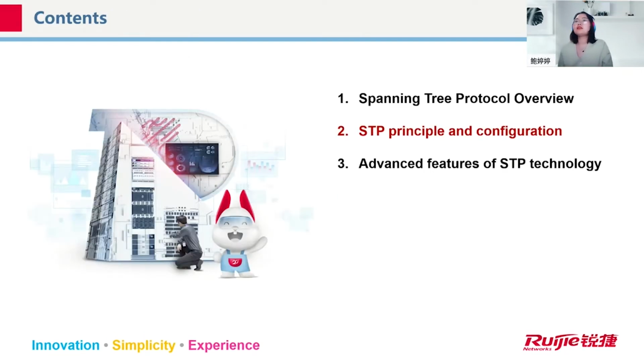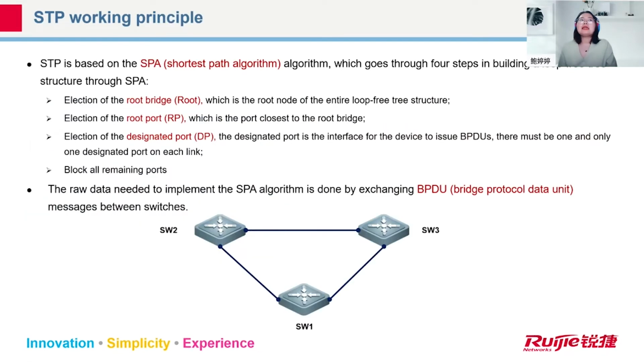And later, let's see the principle and some basic configuration. About STP, the main work we have to do is to select who will be blocked and who can help us forward the traffic, right? This is the main part. And in STP, how to make this determination, we have some rules we have to know.